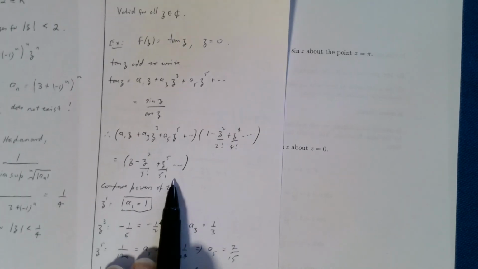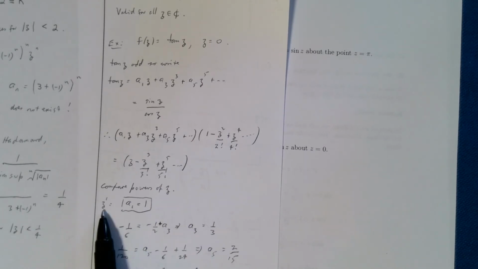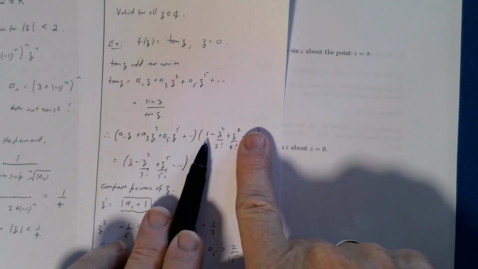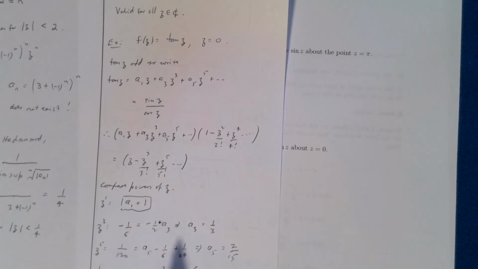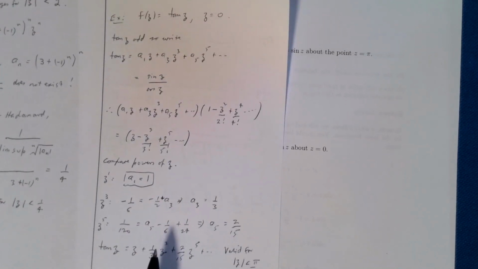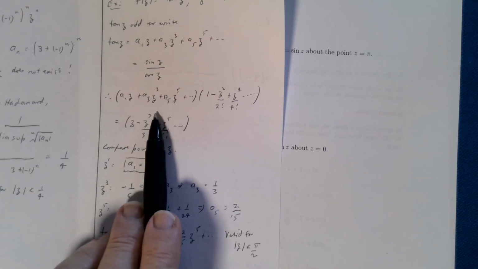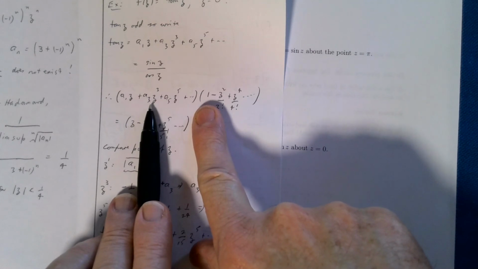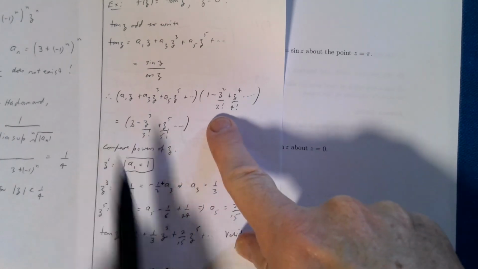If you now compare the powers of z, then the coefficient of z to the 1, we're going to get from here an a1 times z, and that's got to be 1, so immediately a1 is 1. For the coefficient of z cubed, we'll get an a3 z cubed times 1, and we're going to get an a1 times minus 1 on 2 factorial.